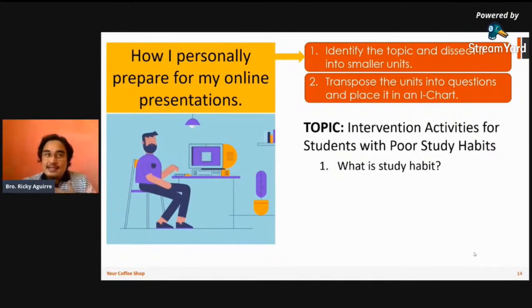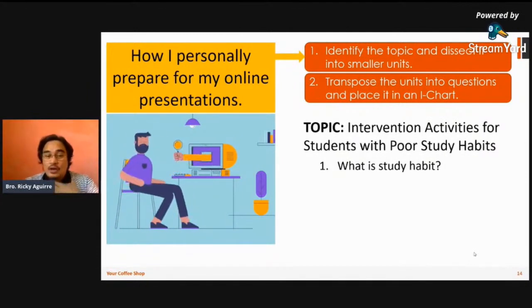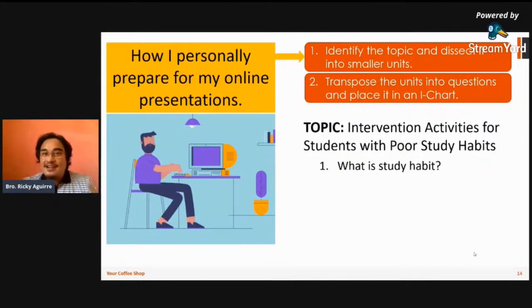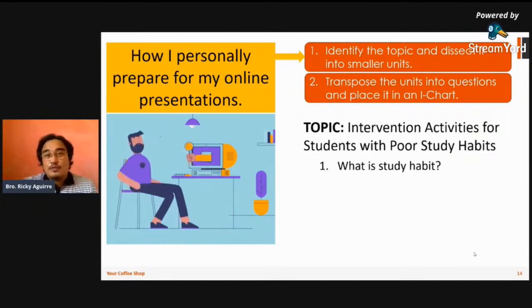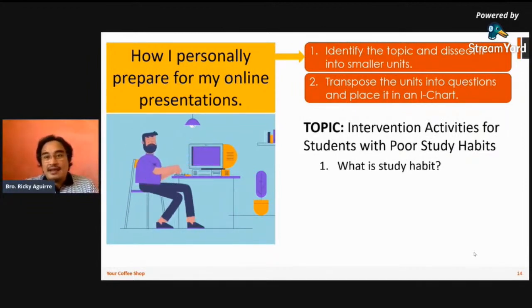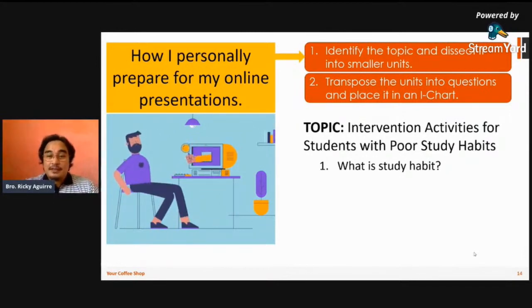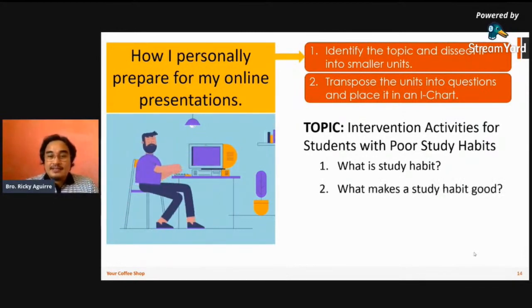I need to understand, as a presenter doing an online presentation, these concepts in order to present them. Although I know them, I need to look for research, look for data that would factually and substantially explain the concept of study habit. Next is what makes a study habit good.